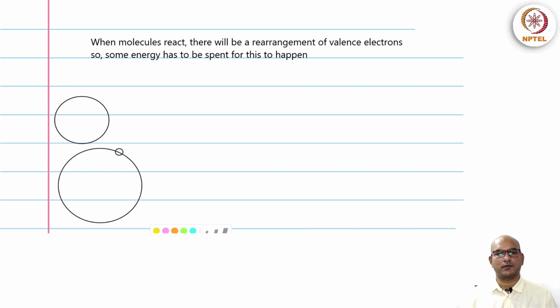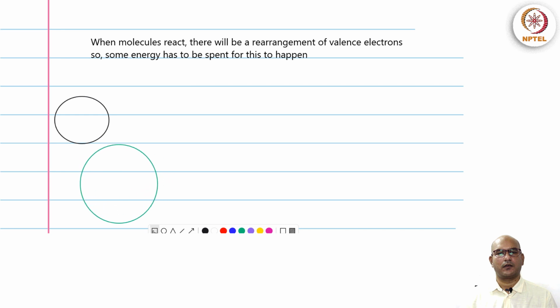I will erase this small one. Okay, that's good enough. So I have RB and I have RA.